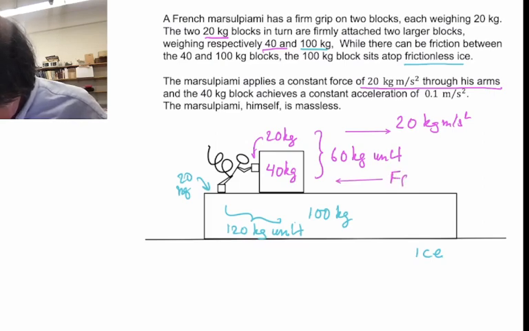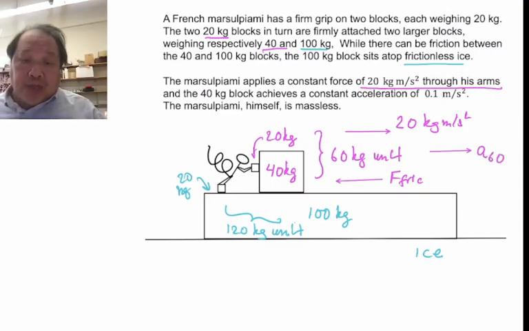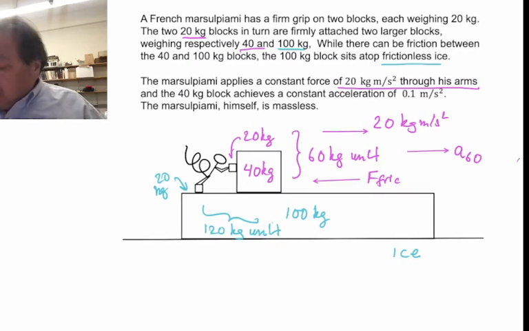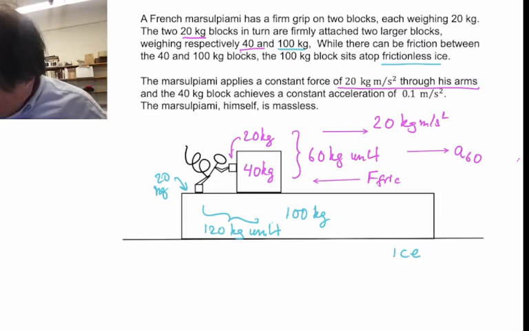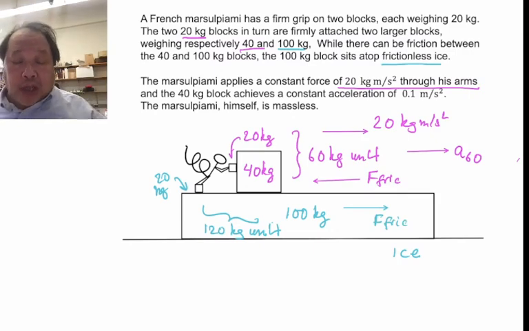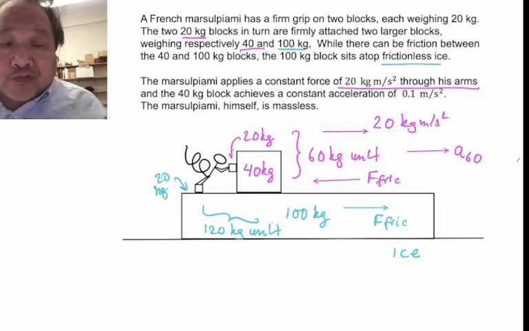And the overall acceleration of the 60 kilogram unit is to the right. I'll show that here. Then by Newton's third law, if the magenta region is feeling F fric pointing to the left, there's an equal and opposite force on the 100 kilogram block in the other direction. There's F fric.